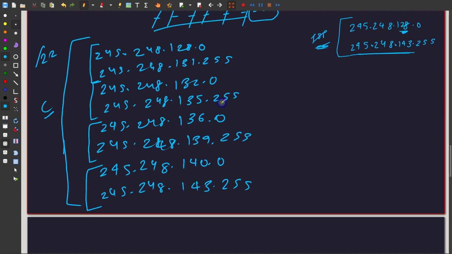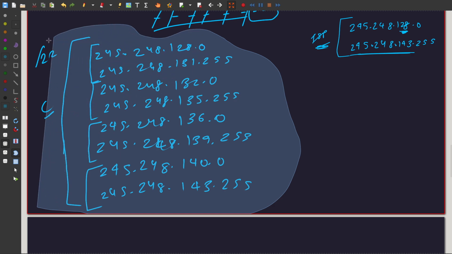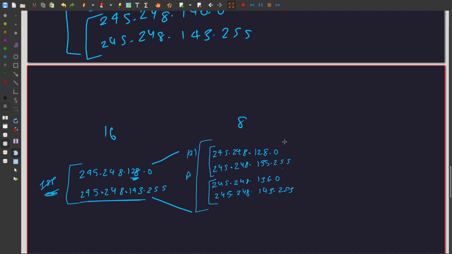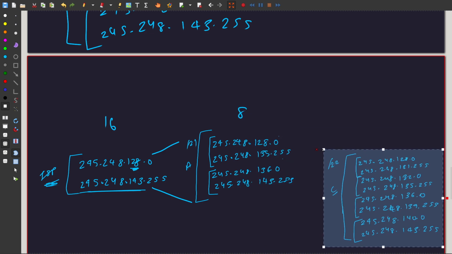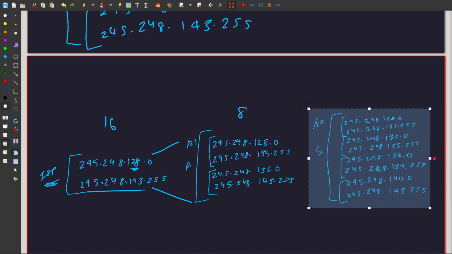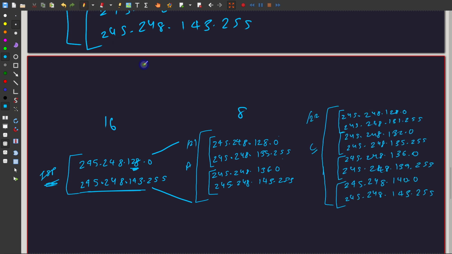Now if we go to this massive monstrosity that we just got, let me reduce the size. Yes, that is kind of what I was going for. Now look at this. This is what the block size of 4 looks like.